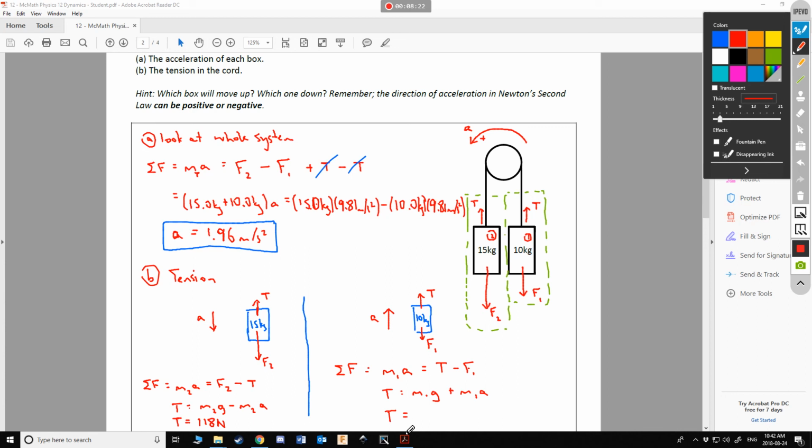We're just adding the gravity and acceleration together. So we get G plus A: 9.81 plus the 1.96, multiplied by our mass, which is 10 kilograms. Guess what? 118 newtons. It doesn't matter which one you do, they come out with the same answer. And if you had different values, you know you did it wrong.